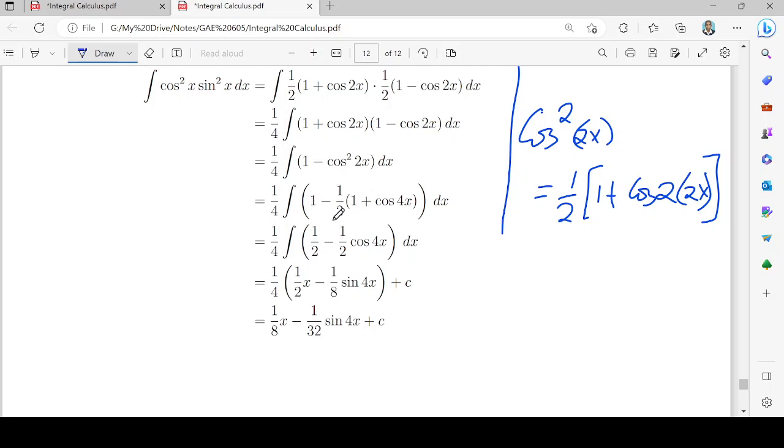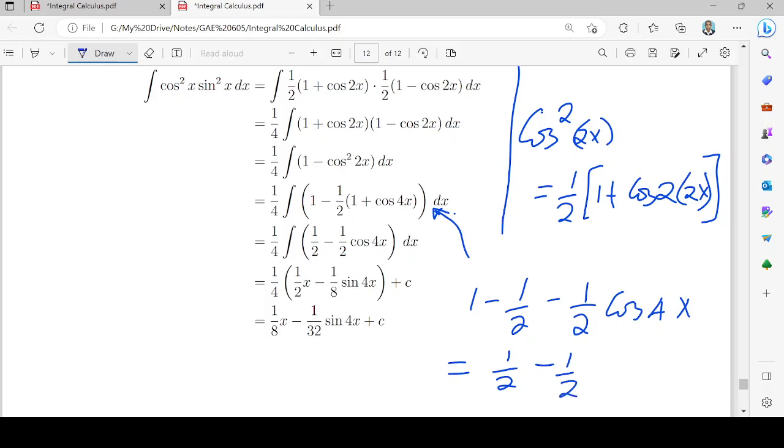Then we can open the brackets in this expression. We get 1 minus a half, minus a half cosine of 4x. So we get a half minus 1 over 2 cosine of 4x. This is now in the standard form.